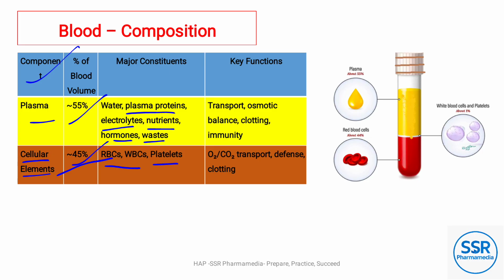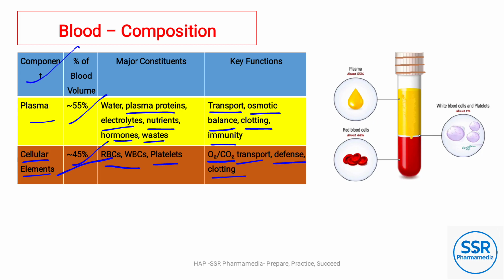The functions of plasma are transport, osmotic balance, clotting and immunity. The cellular elements' functions are carrying oxygen from outside to the body cells and removing carbon dioxide from the body to outside, so oxygen and carbon dioxide transport, defense and clotting.